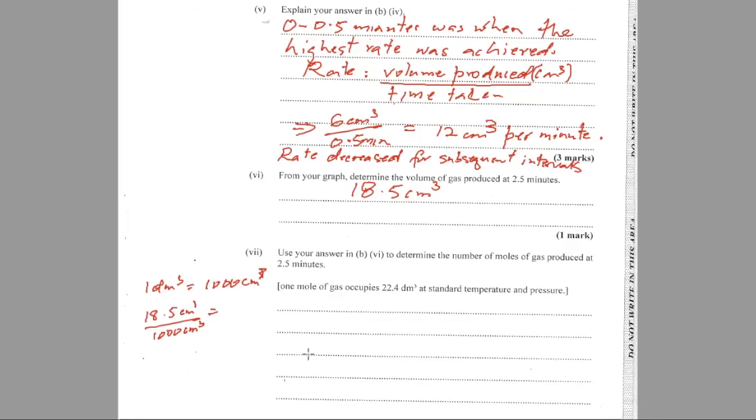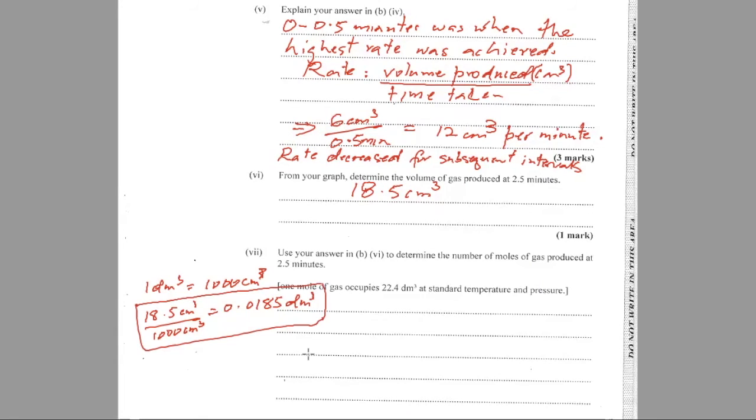So we want to keep apples with apples, right? So that's 18.5 divided by 1000. We're going to take that 3 decimal places to the left, which will give us 0.0185 dm³. So we'll get a mark for this.